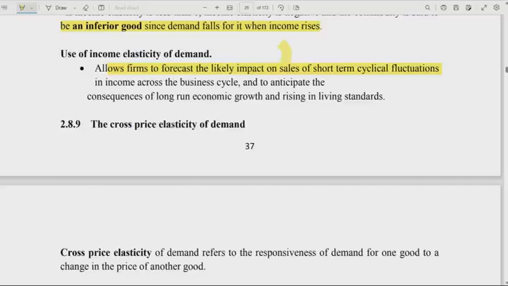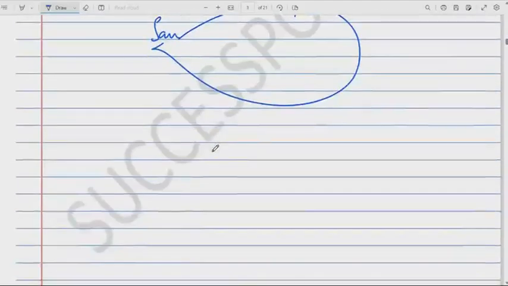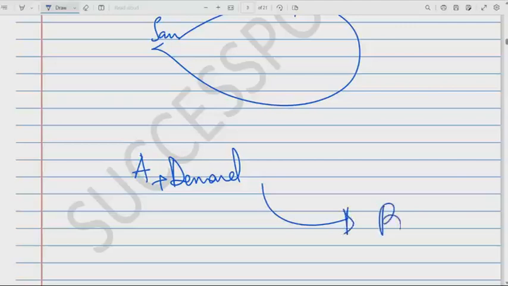For this one, we are looking at the responsiveness of demand to a change in the price of another good. So it means the demand of A, right? How is the demand of A changing if the price of B has changed?